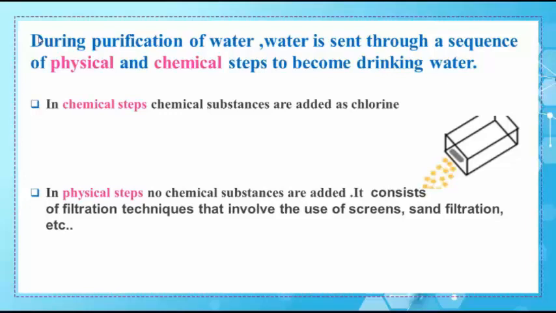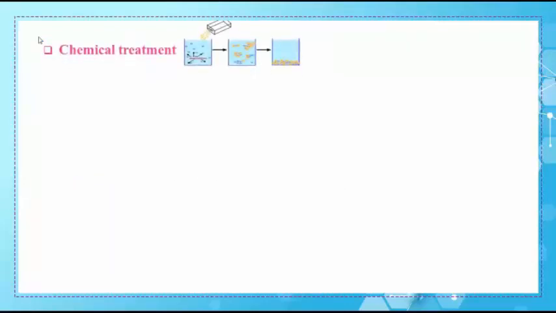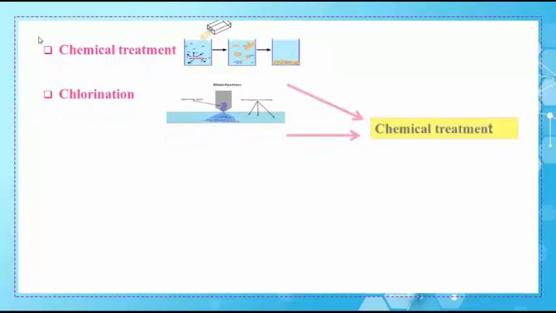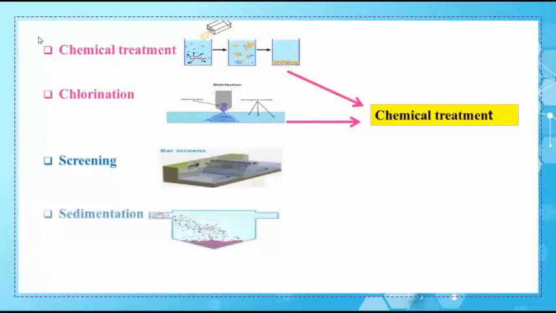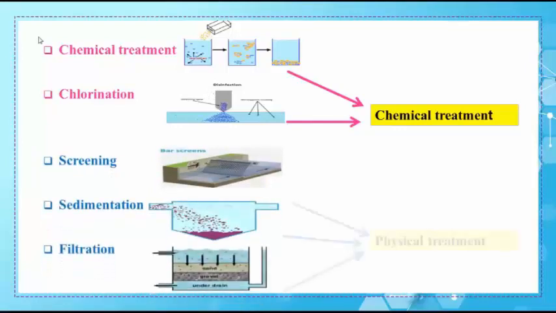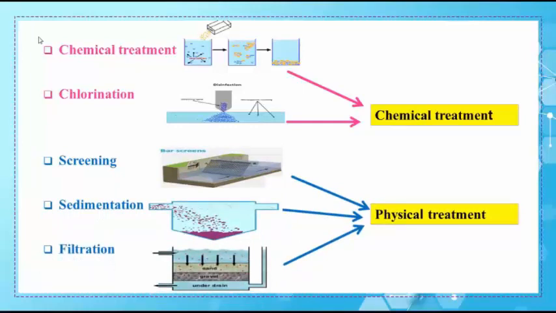They consist of filtration techniques that involve the use of screens, sand filtration, etc. So, the chemical treatment and the chlorination are chemical steps, because in the chemical treatment there is addition of aluminum sulfate, and in chlorination there is the addition of chlorine or ozone. While screening, sedimentation, and filtration are physical treatments, because there is no addition of any chemical during these three steps.